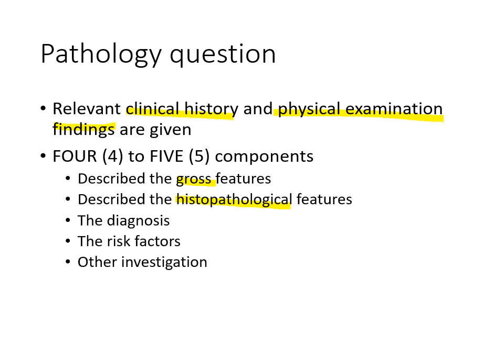So there will usually be 4 to 5 components. The first components need you to describe the gross features and the histopathological features, and next is to give a diagnosis for the patient or the case. Sometimes they will ask the risk factor for the diagnosis that you've given, and sometimes they will also ask for other relevant investigations.